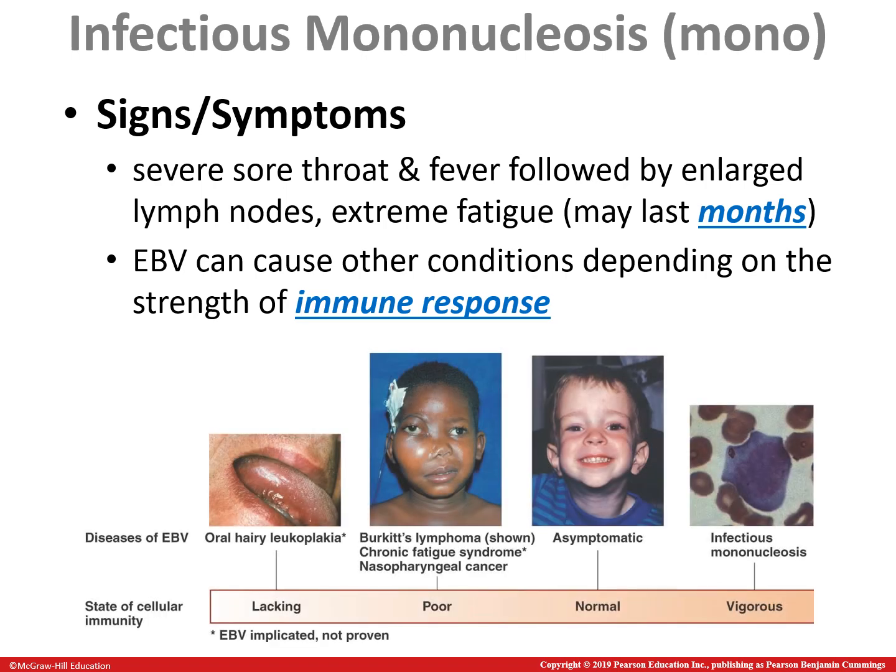For example, if you have absolutely no immune response, so completely immunosuppressed, one of the diseases that can develop is called oral hairy leukoplakia, where you have basically precancerous changes in the tongue. In parts of the world where you have malnutrition and sometimes a co-infection with malaria, you might see Burkitt's lymphoma, which again we talked about in terms of the risk of viruses causing cancer.